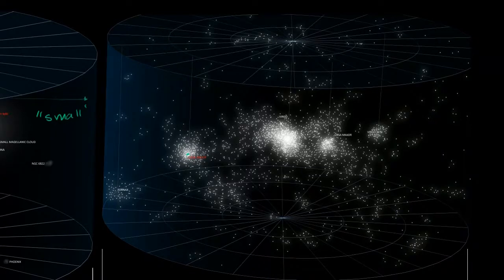The diameter here is 150 million light years. So the distance from the Milky Way to Andromeda, which was 2.5 million light years, would be just a little dot, just like that. Now we're looking at the Virgo supercluster that is 150 million light years.